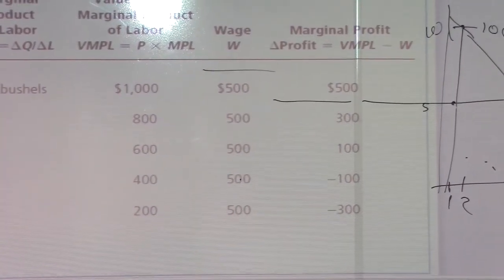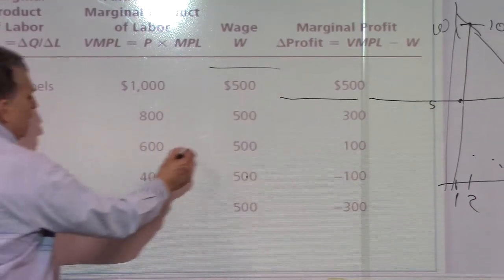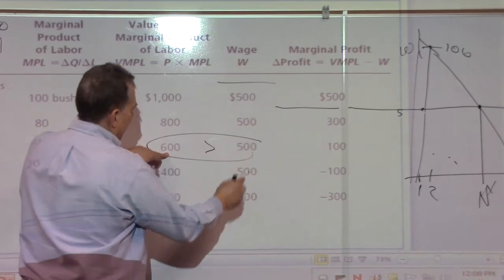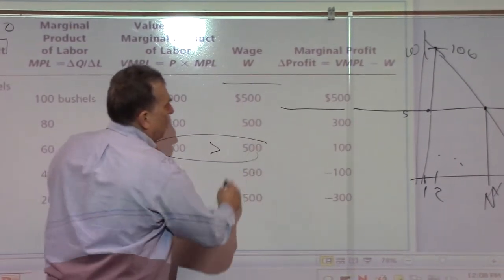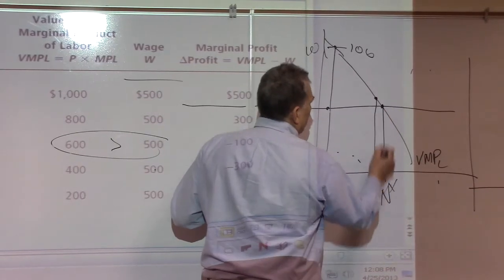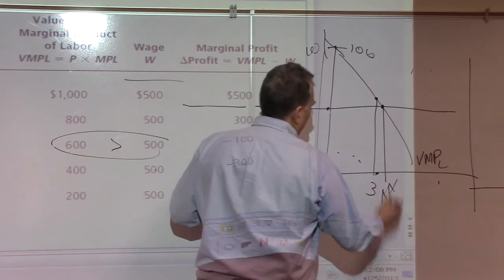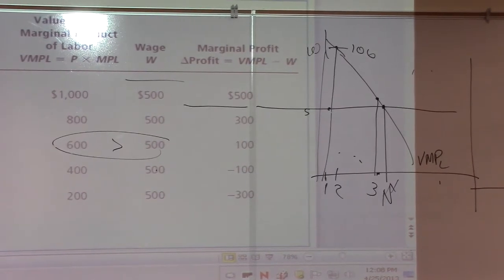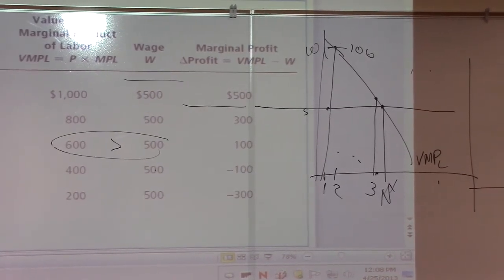The optimal amount of workers hired stops at 3, where the value of the marginal product is still greater than and never less than the cost. So essentially, in this example, the equilibrium is not at the intersection point, but is at this point of 3 workers. So the VMP is the demand for labor curve.